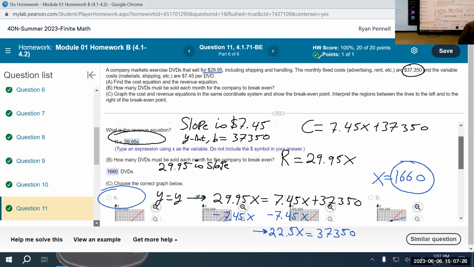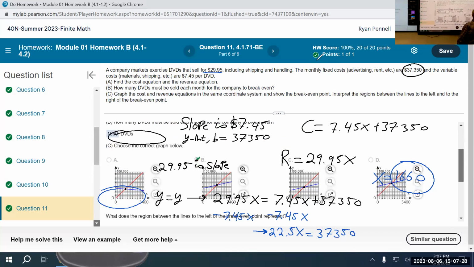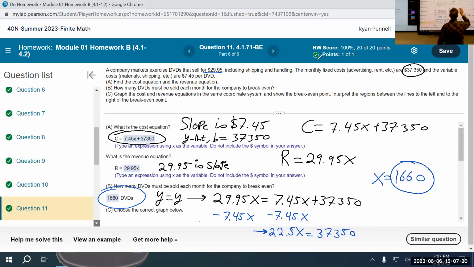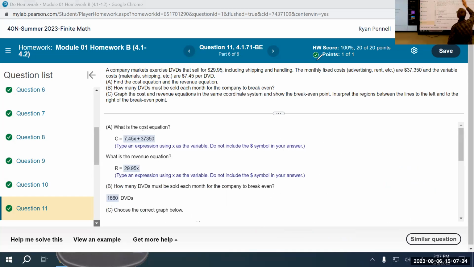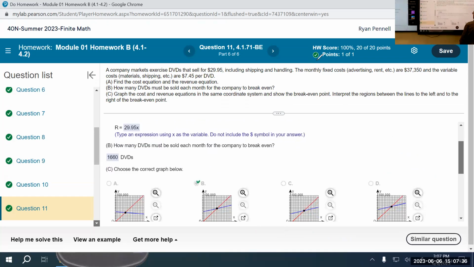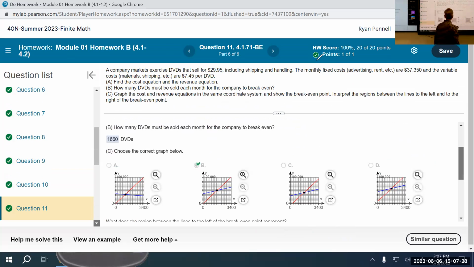I think there's a graph portion to this. Yeah, there is. I think I took a picture. I'm going to take another one just in case. So we have two lines, right? y equals 29.95x, and then y equals 7.45x plus 37,350.